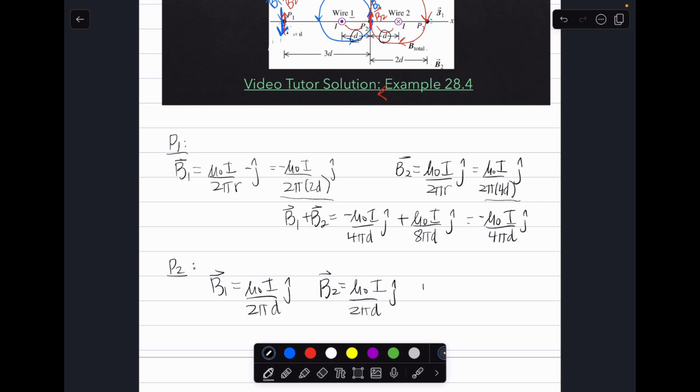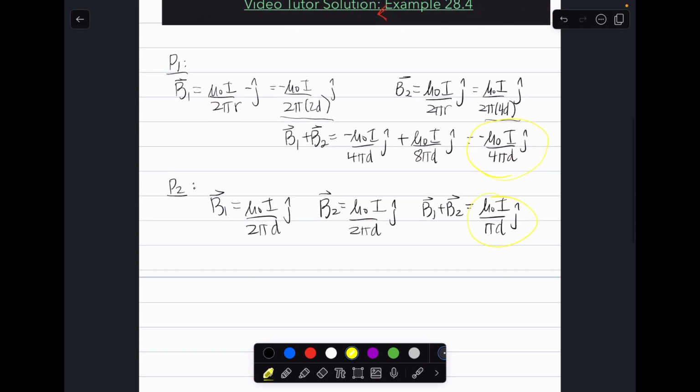We add them together, and we get 2 times mu naught I over 2 pi d, which simply gives me mu naught I over pi d j hat. Let me go ahead and circle these answers so we can check them later. And let's work on the third point.